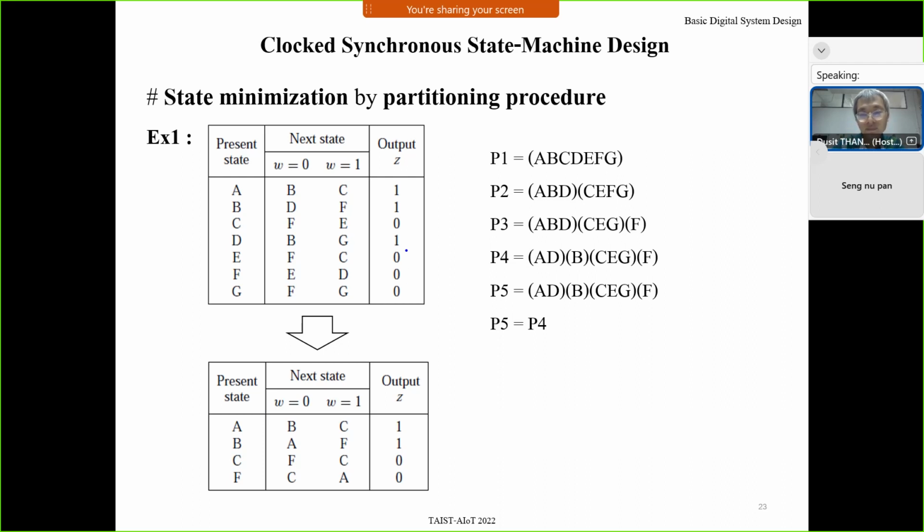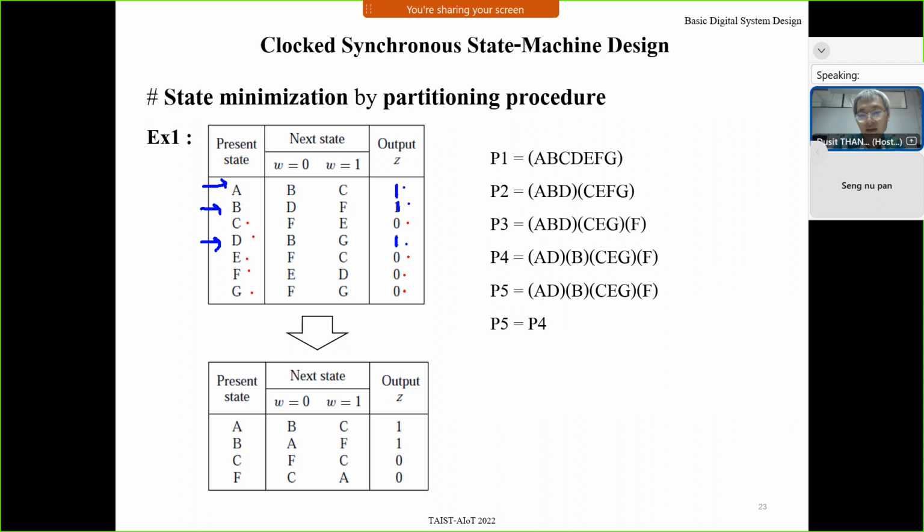At the beginning, I group all of them together because it's possible all of them may be equivalent. But if I consider the output, states A, B, and D give the output of logic 1, but C, E, F, G have output 0, right?